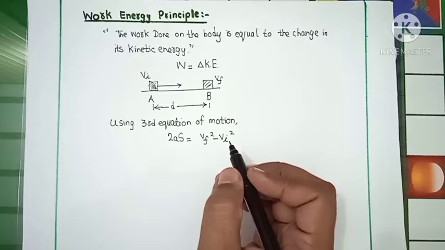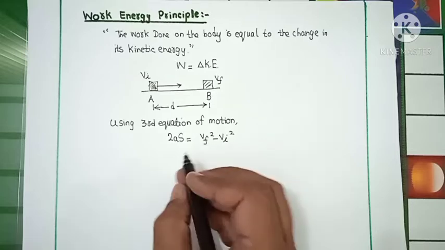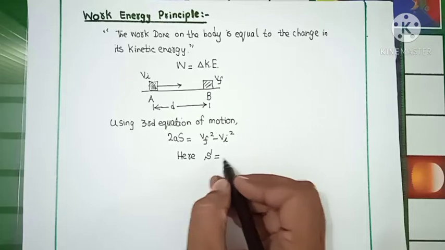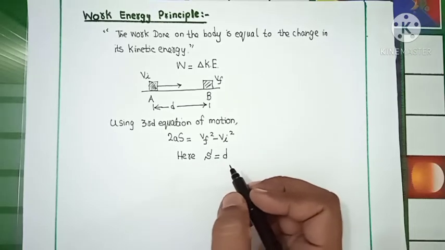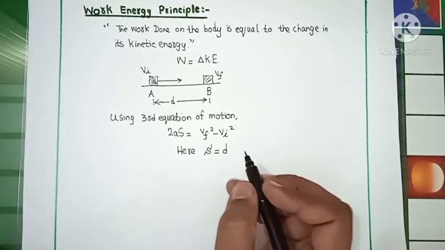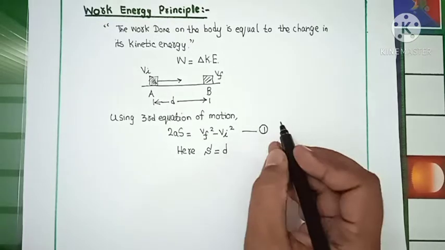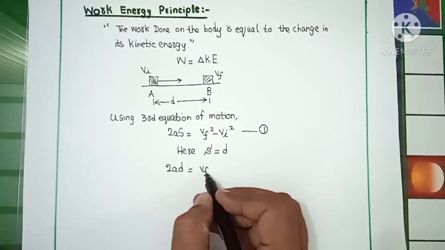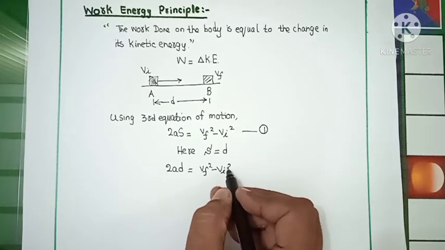But here the distance covered by the body, S, is equal to D. Putting in equation number 1, 2aD is equal to Vf square minus Vi square.